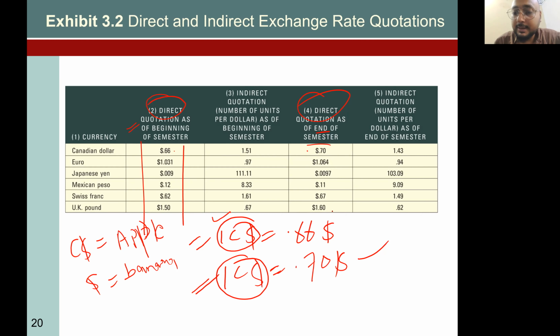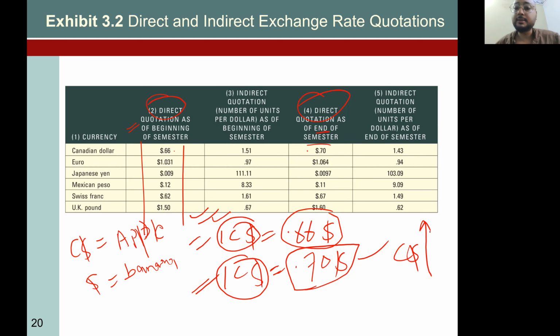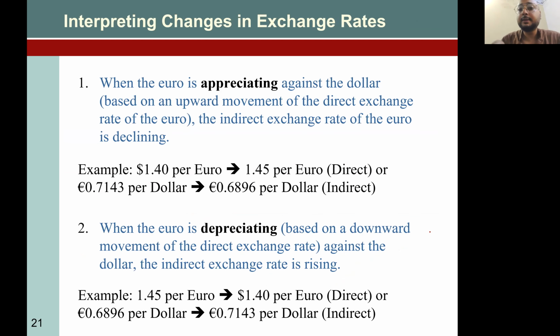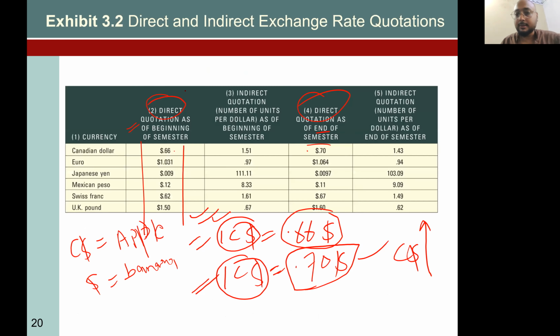So this is the price of $1 Canadian. $1 Canadian was going to cost you $0.66. And now if you want to buy $1 Canadian, you have to pay $0.7. It means value of Canadian dollar has increased. Increase, we call this appreciation.